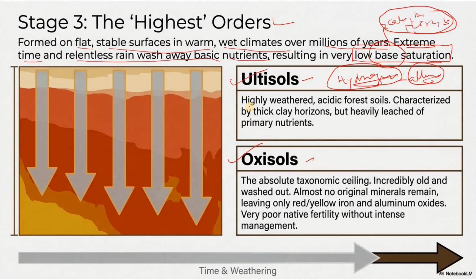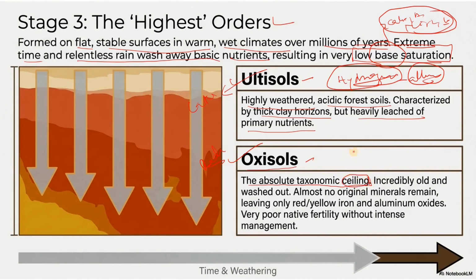Talking about Ultisol, these are highly weathered acidic forest soils, characterized by a thick clay horizon but heavily leached of primary nutrients. Then the Oxisol, as we have studied, are the laterite soils, red laterite soils. And the absolute taxonomic ceiling. Why is it called the ceiling?